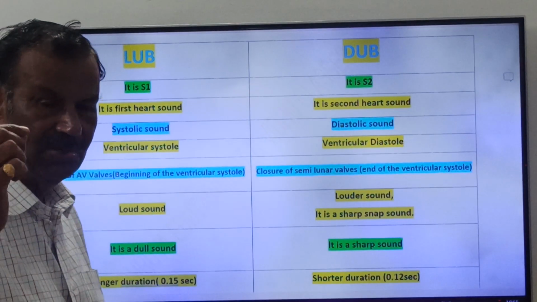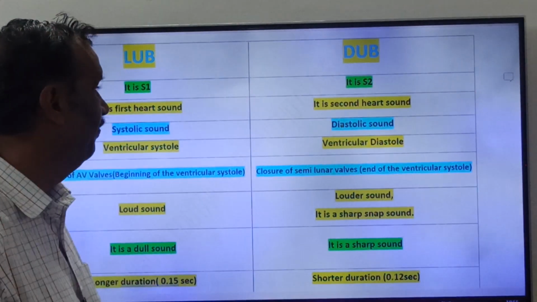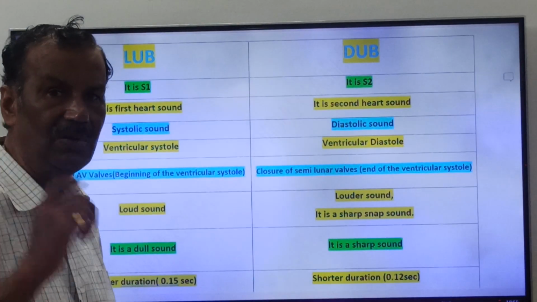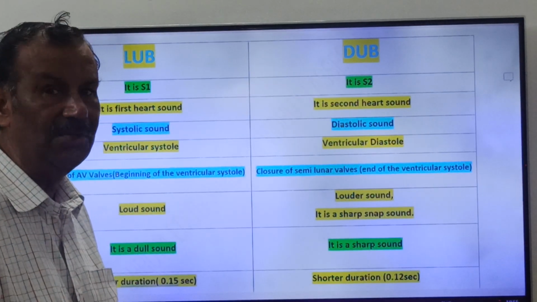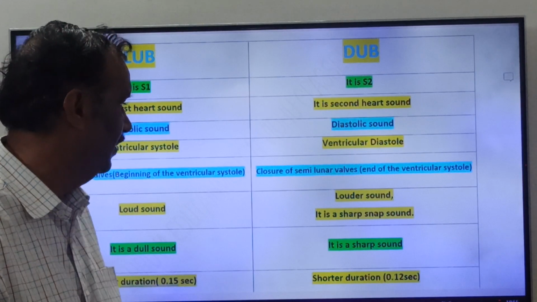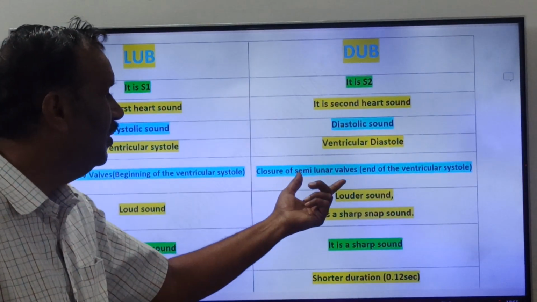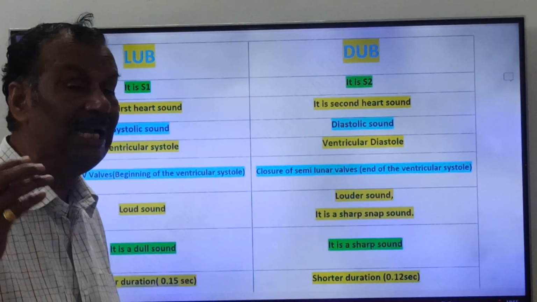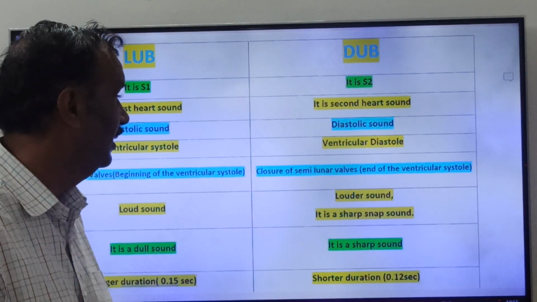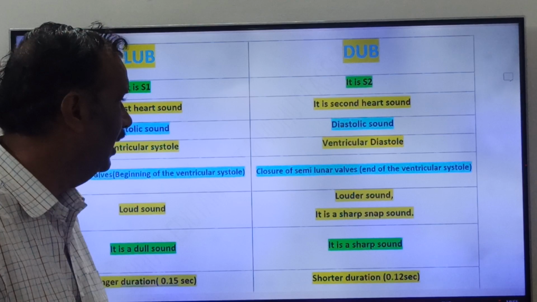Now come to dub, friends. It is also called S2 or sound 2. It is the second heart sound. It is a diastolic sound. Diastole of whom, friends? Ventricular diastole. So closure of semilunar valves produces this sound. When, friends? End of the ventricular systole.